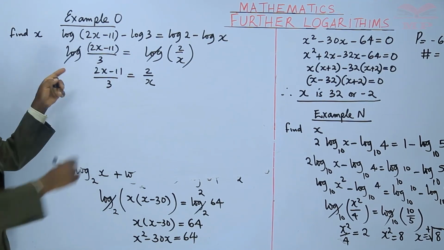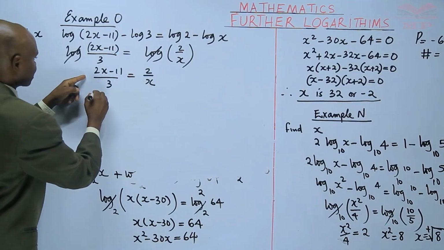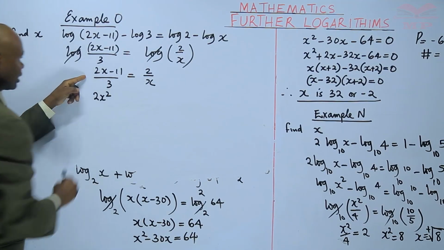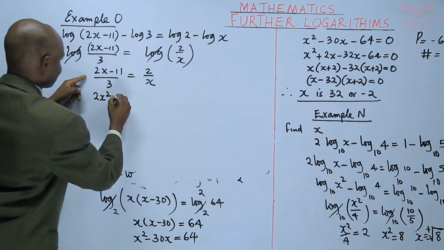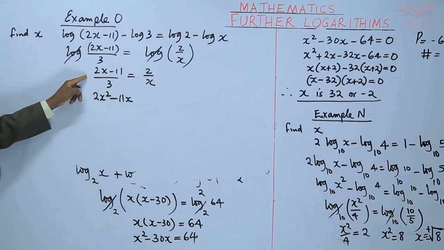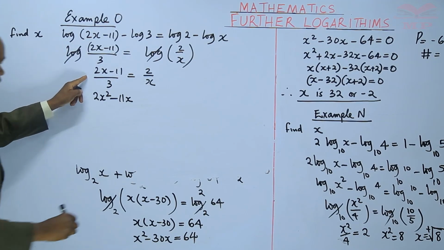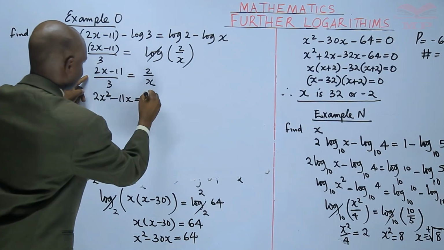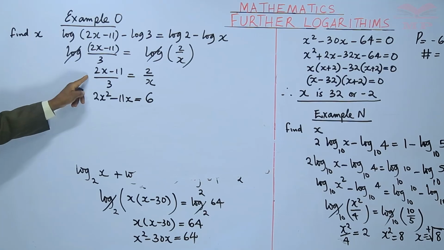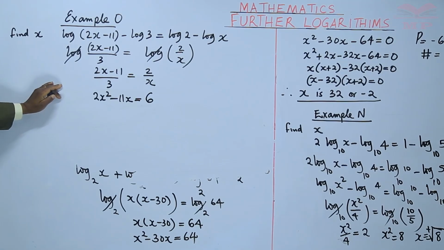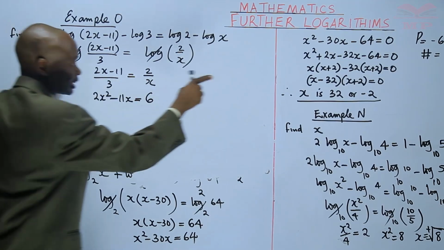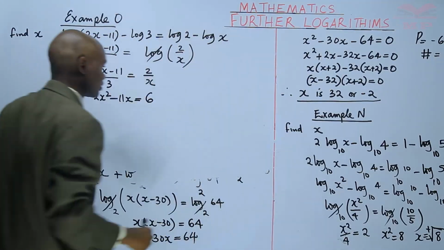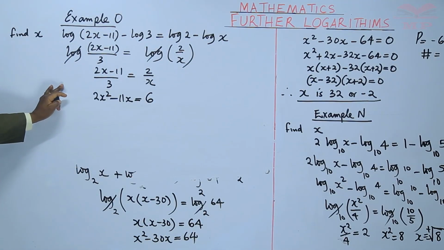Cross multiplication gives you x times 2x, which is 2x squared, minus 11x, should give us 3 times 2, which is 6. That is bringing about a quadratic equation. Your skills on solving quadratic equations are quite needed there.